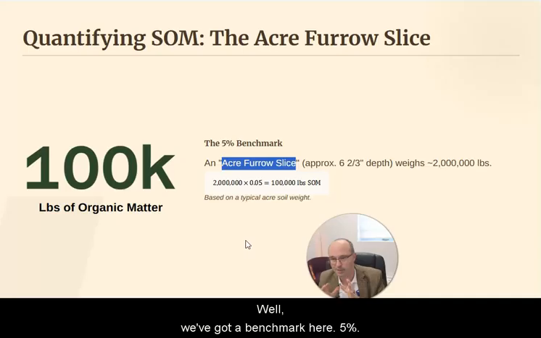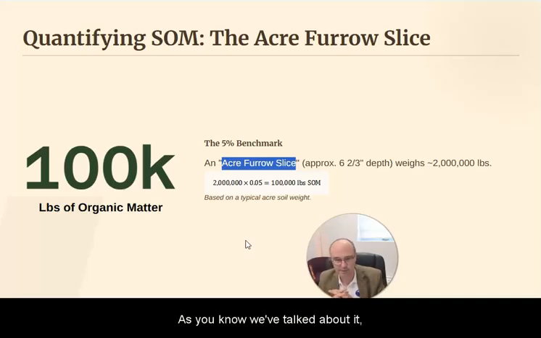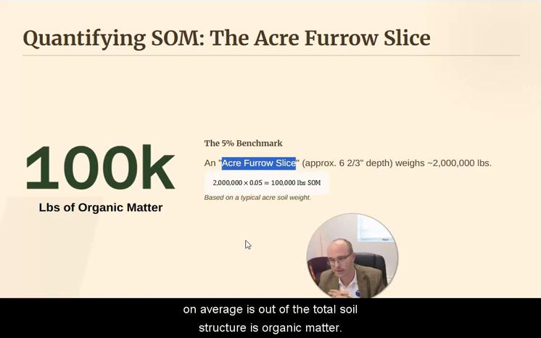Well, we've got a benchmark here, 5%, which, as we've talked about, is on average the share of the total soil structure that is organic matter. You remember that 25% was pore space, 25% was water, 5% was organic matter, and the other 25% was mineral soil.